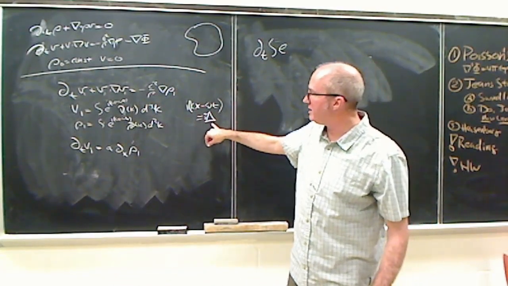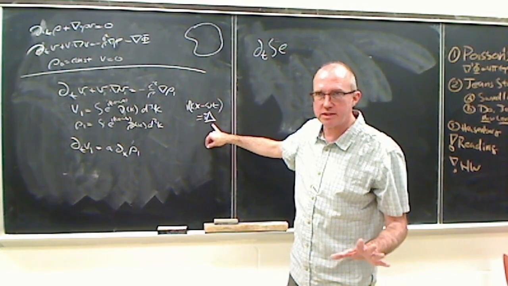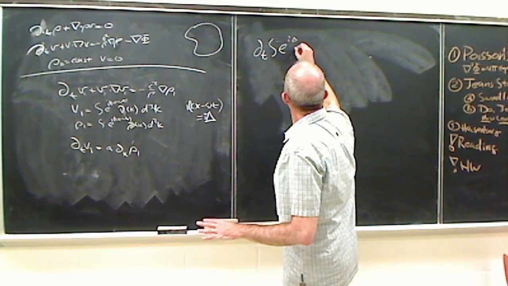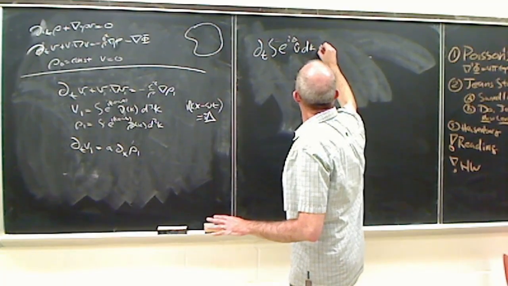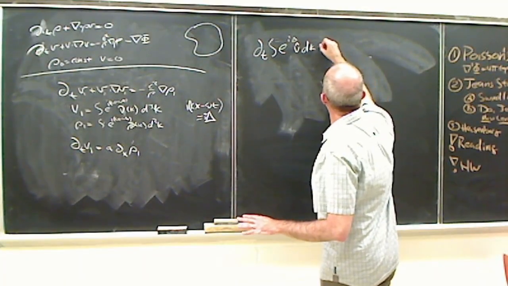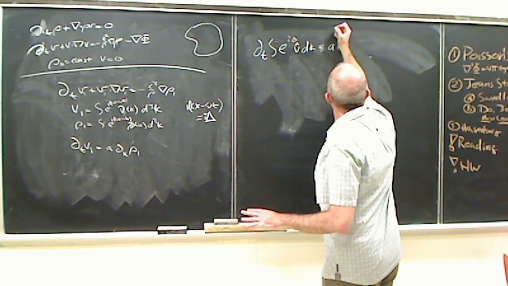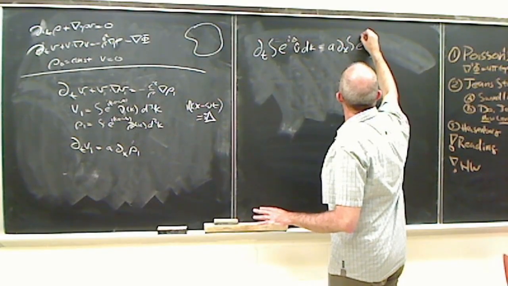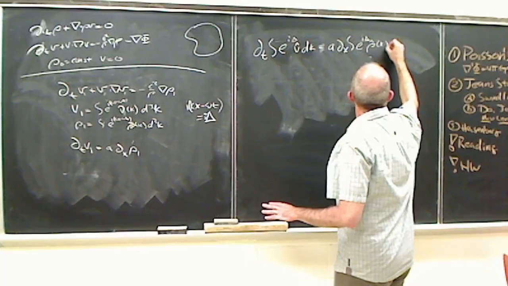This isn't standard or anything; I'm just going to call it delta because this makes my board style easier. e to the i delta times v hat dk equals a times d by dx of the integral of e to the i delta rho hat of k dk.